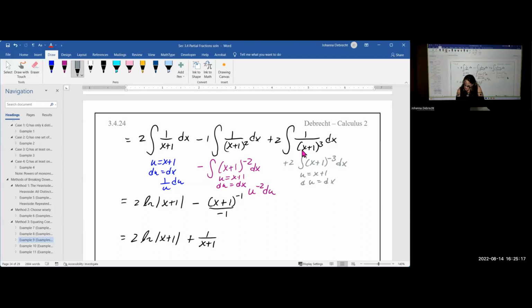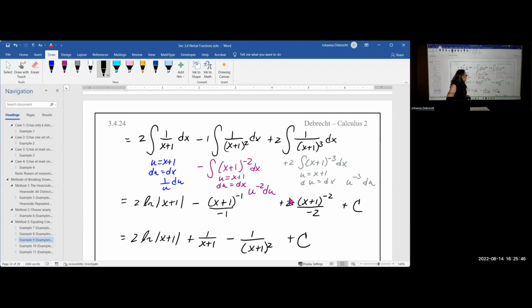And this would become u to the negative 3 du, which would give me then plus 2 u to the negative 2 divided by negative 2. And then I've got my constant, all right? So my 2 divided by negative 2 would give me as minus 1. And I could write this as 1 over x plus 1 quantity squared plus c, right?